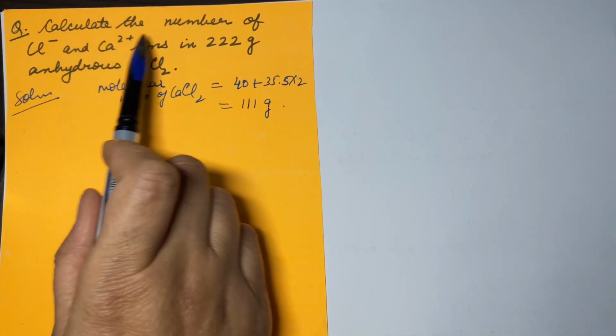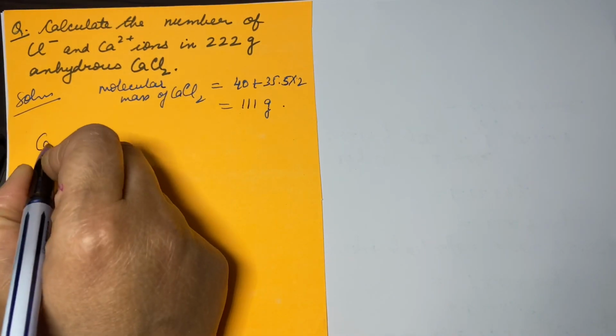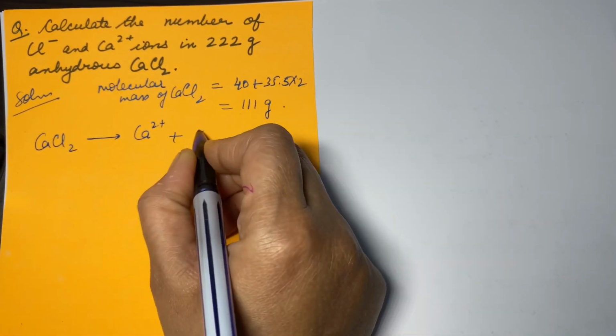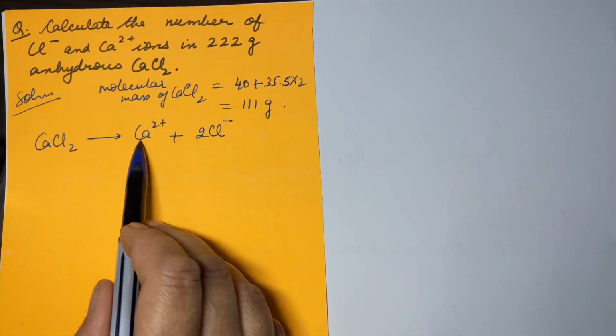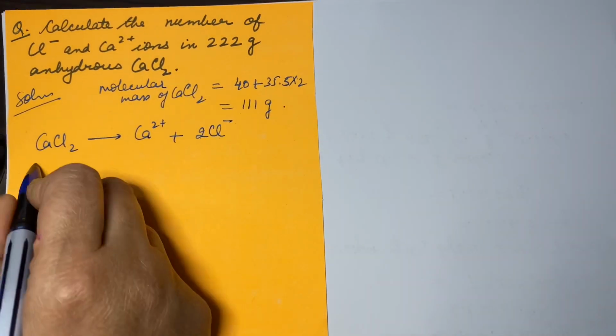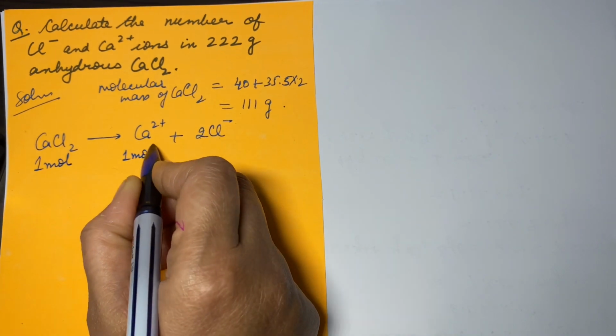Now, when we have to calculate the chloride and calcium ions, this means the calcium and chloride ions are dissociated. So it is dissociated in this form. Calcium chloride breaks up as calcium 2 plus ions and 2 times Cl minus ions. Now here, if 1 mole of calcium chloride is used, then here also we are having 1 mole.